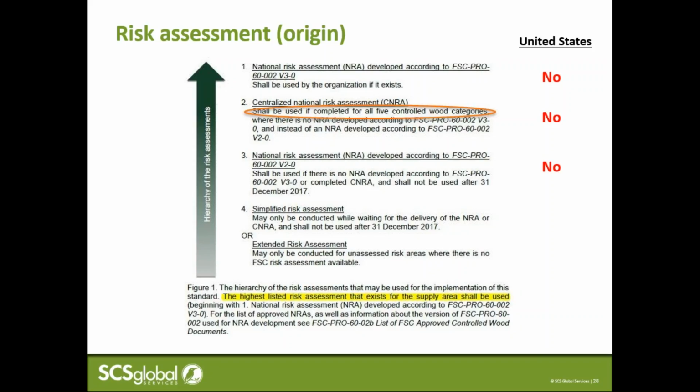A national risk assessment developed according to FSC Procedure 60002 version 2 is also not available. However, a simplified risk assessment is applicable, as the United States is a priority country for which a national level risk assessment is scheduled.